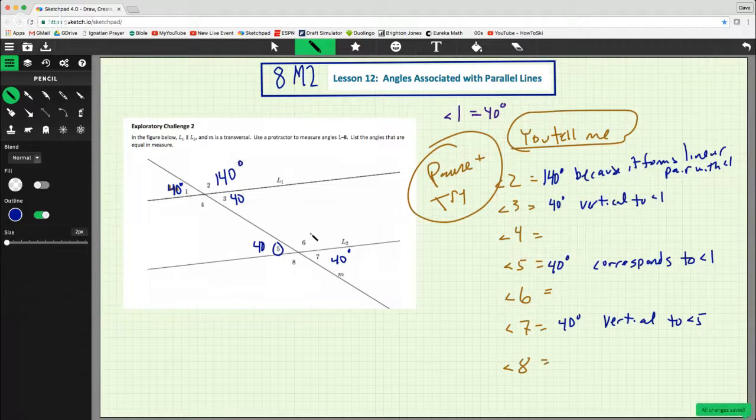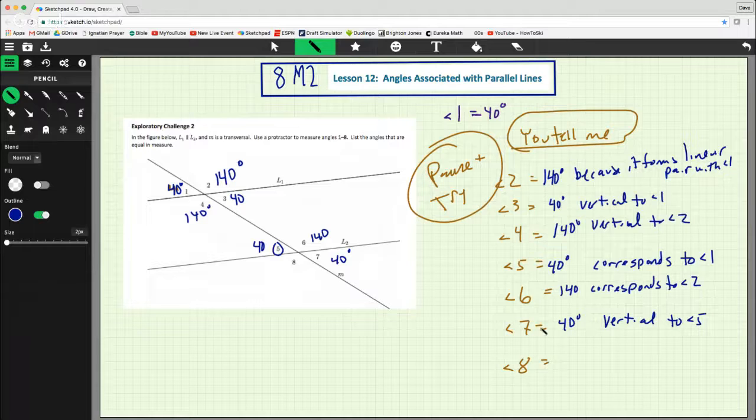Now we can say, well, angle 6 is 140 degrees because it corresponds to angle 2. Angle 4 is 140 degrees because it's vertical to angle 2. And that leaves angle 8. There's three ways you can show it.